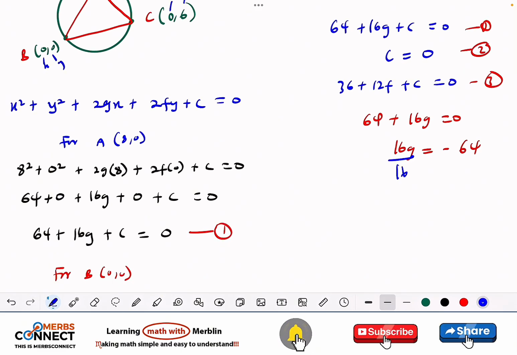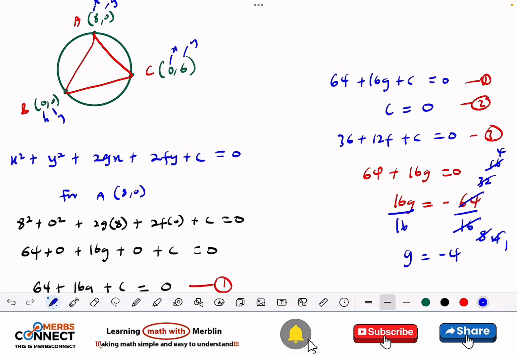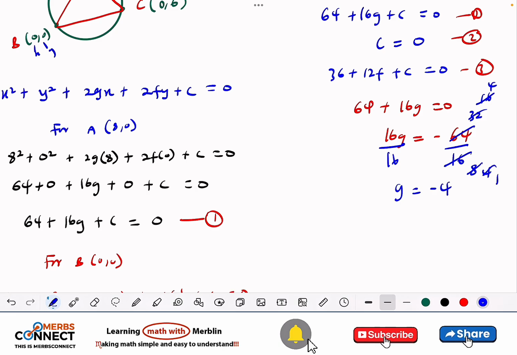So divide this one by 16, divide this one by 16. g will be equal to, I don't have a calculator, so I need to do it manually. 2 goes here, 8 goes here, 32. 2 goes here, 4 goes here, 16. 4 goes here, 1, and 4 goes here. So this will be minus 4. That is what happens when you don't have a calculator. It's so hard. So that's from equation 1.